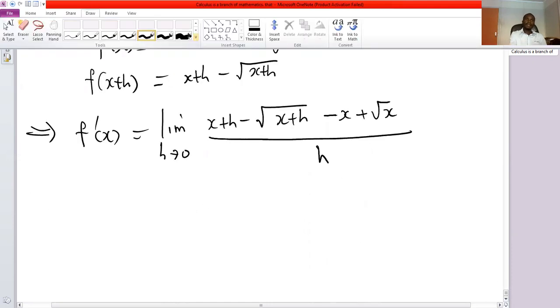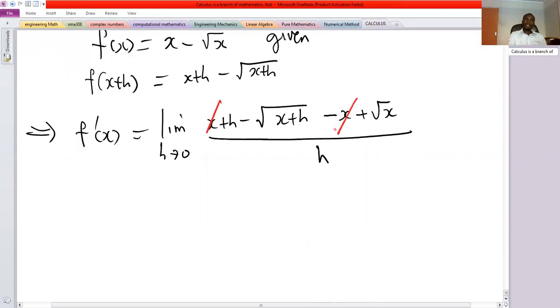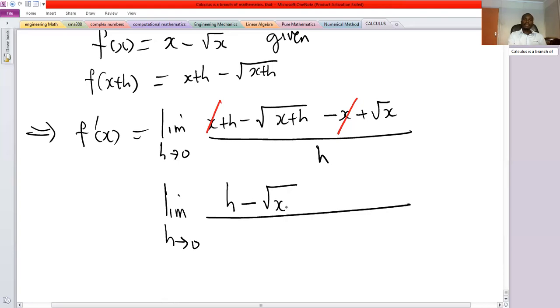At least by doing this, x and minus x cancel out. So we have the limit as h approaches 0 of h minus the square root of x plus h minus root x, and then over h. Now this is a good expression.